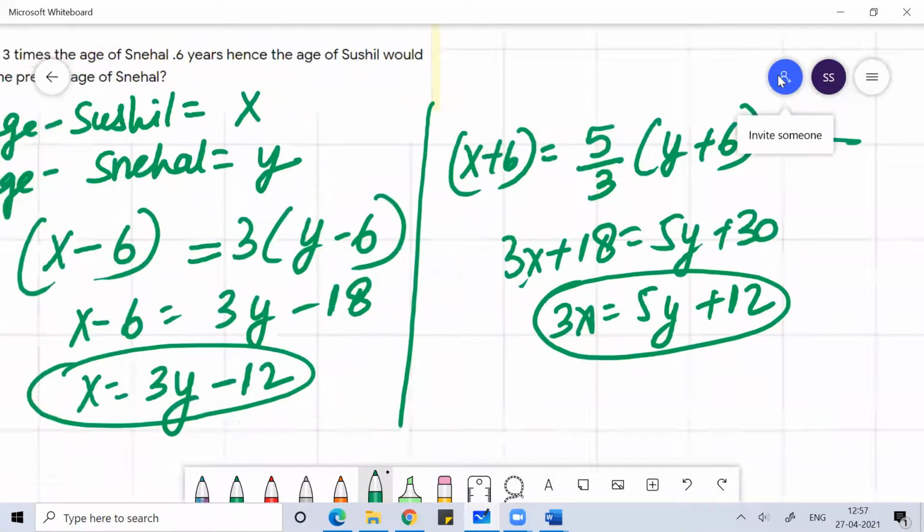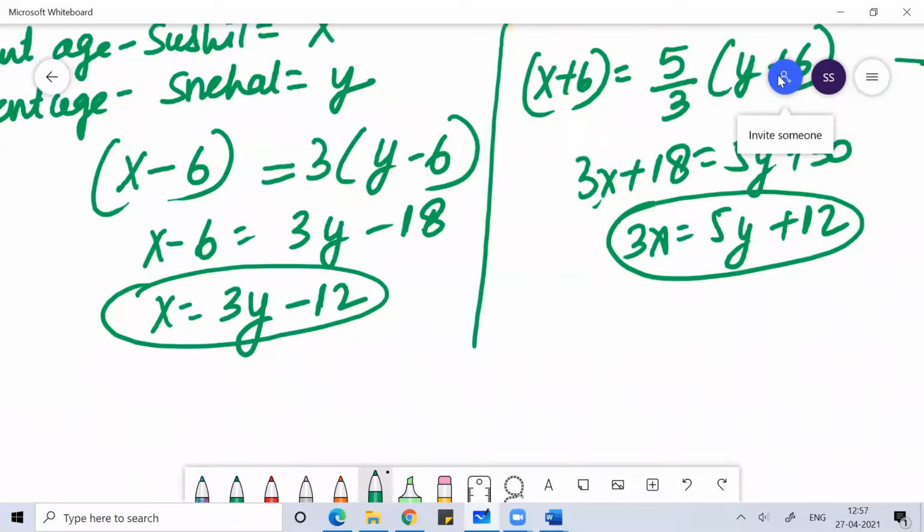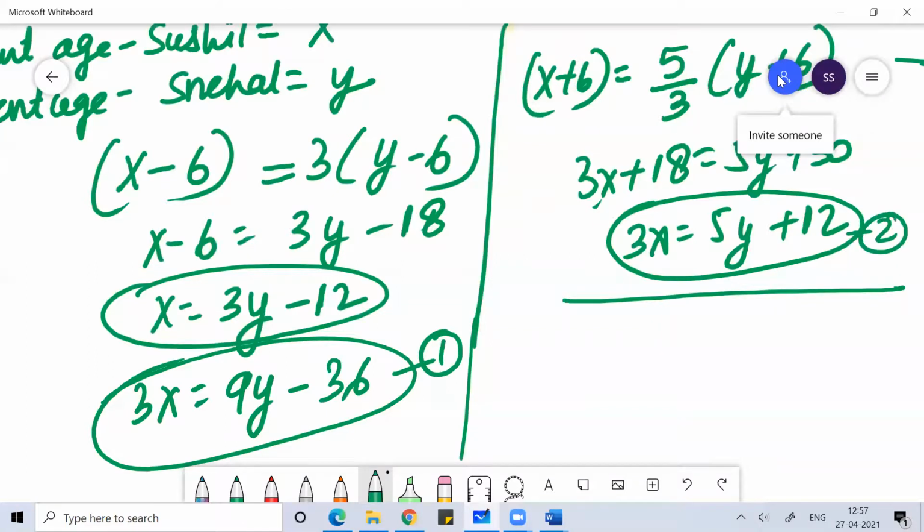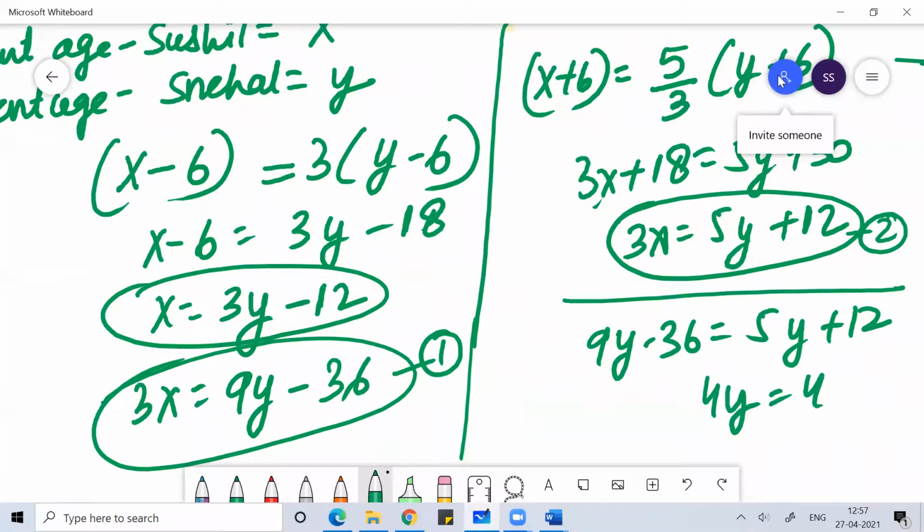You get two equations. I can write here 3X is equal to 9Y minus 36. If I equate them, 9Y minus 36 is 5Y plus 12, so 4Y is 48, so Y is equal to 12.